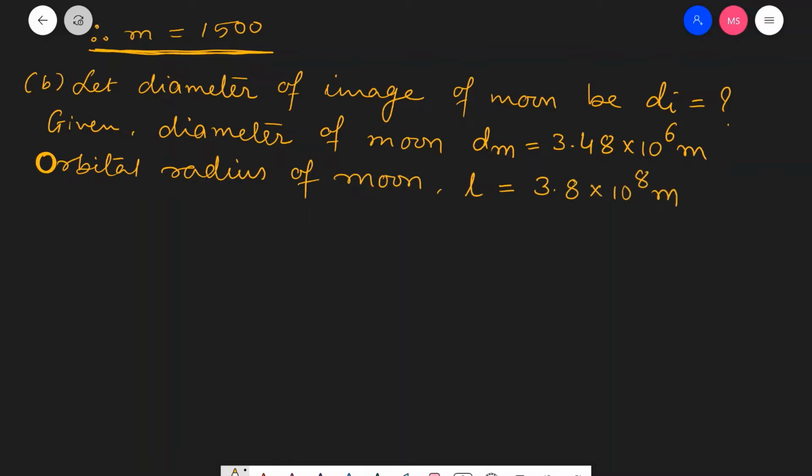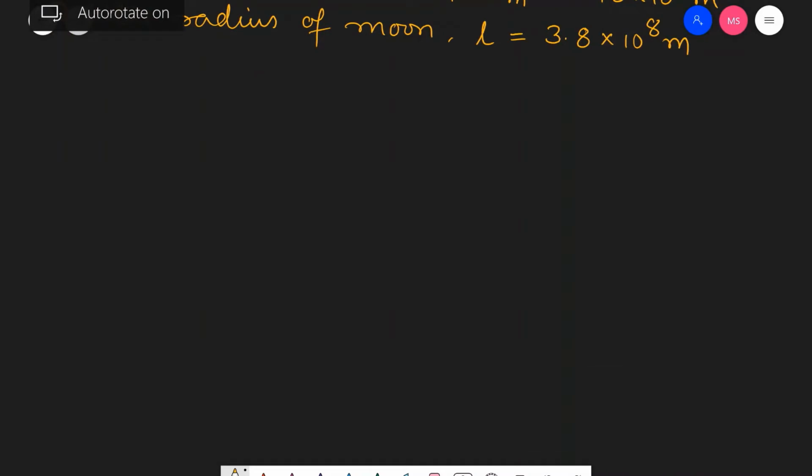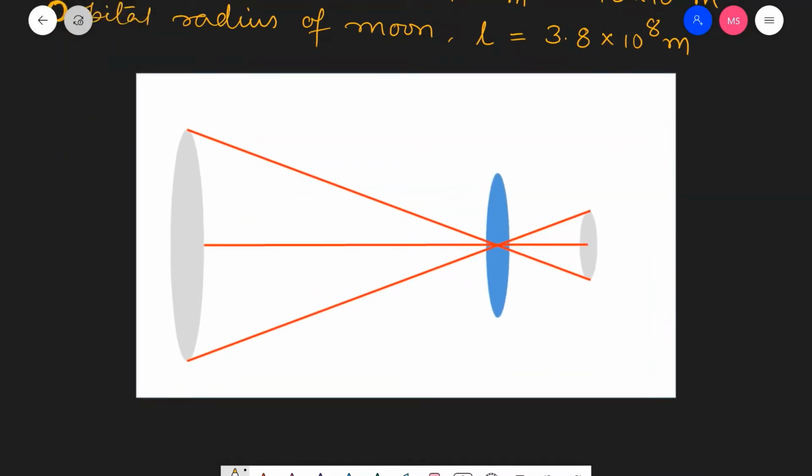Now in order to understand this example, let us consider a ray diagram. So here you can see that here we have moon. Let us say this is objective and this is image of moon.